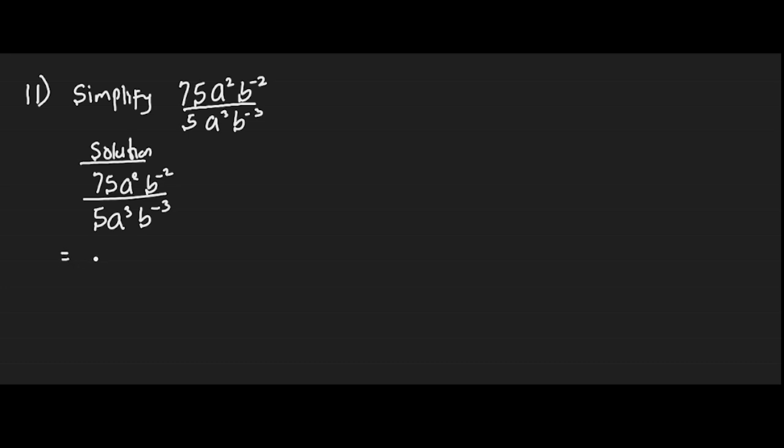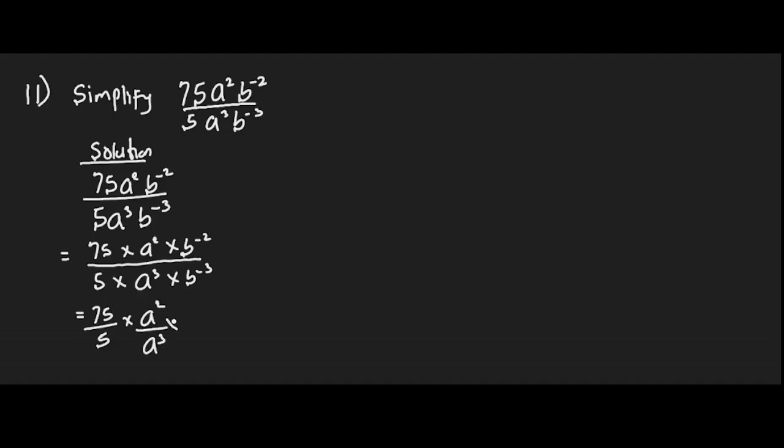Here, you agree with me that we can split this as 75 times a squared times b raised to power minus 2 all over 5 times a raised to power 3 times b raised to power minus 3. This is the same thing as 75 over 5 times a raised to power 2 over a raised to power 3 times b raised to power minus 2 over b raised to power minus 3.